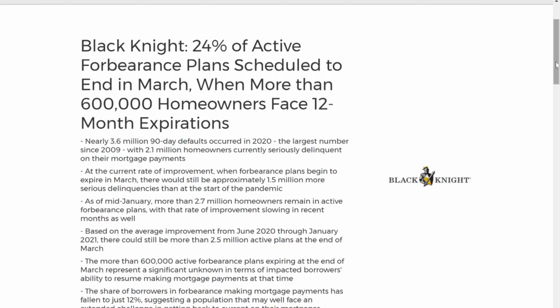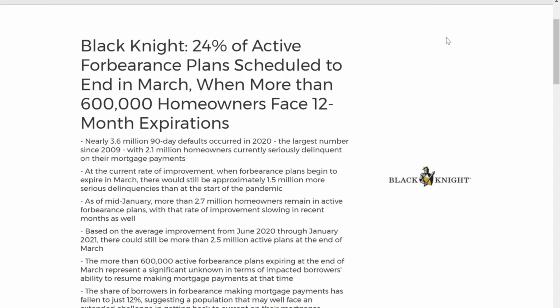Now, according to Black Knight's data, 3.6 million properties are 30 days plus in arrears or in foreclosure. 2.2 million were seriously past due on mortgages, meaning 90 days plus. Now, this is the highest since 2009. And we all know what happened in 2008.